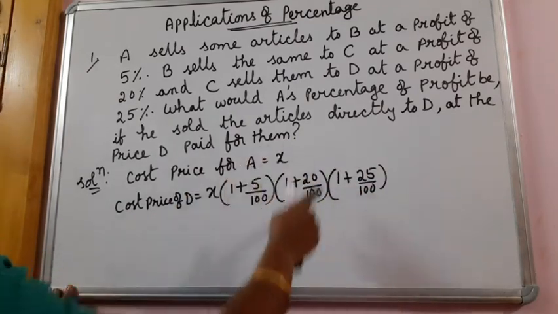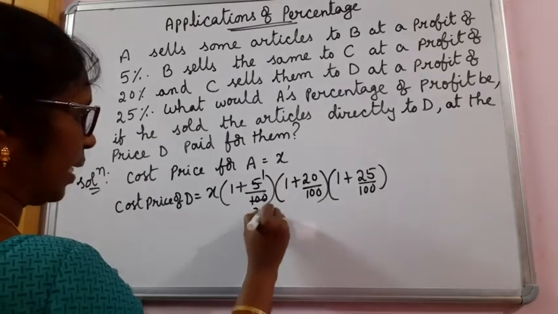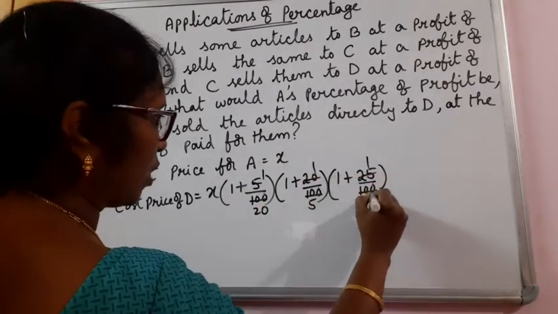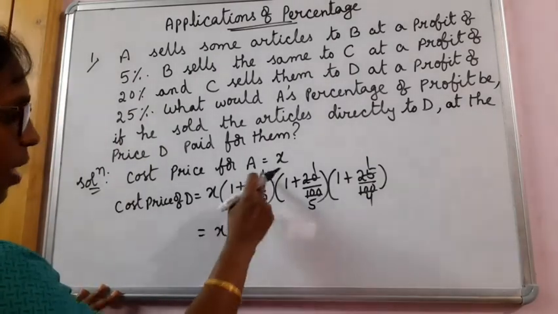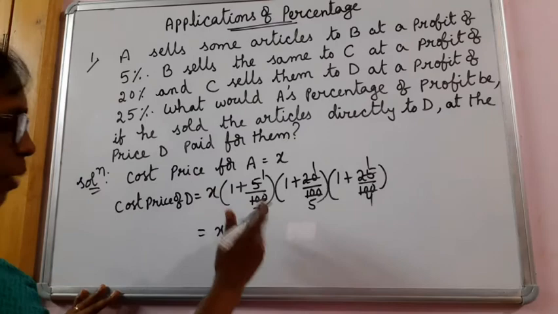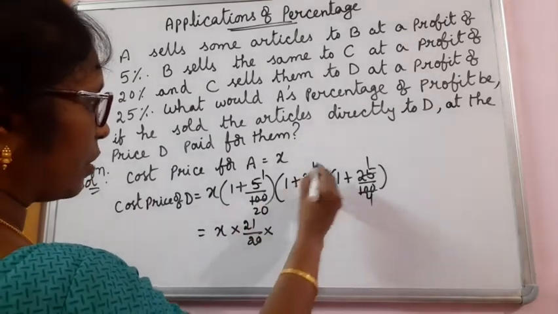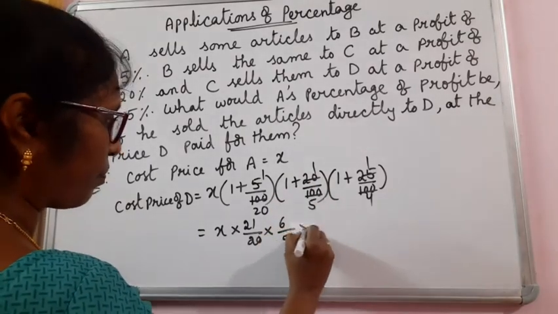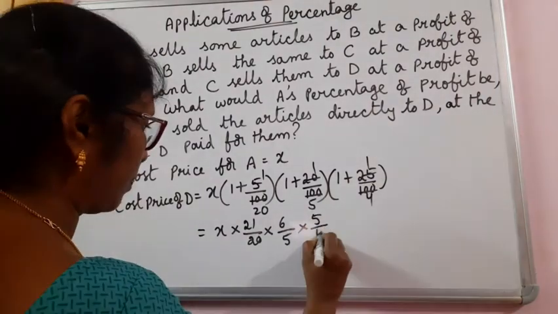Let us simplify the cost price of D. 5 1s are 5, 20 1s are 20, 25 1s are 25, 25 4s are 100. So we get X into 21 by 20, here 5 by 5 means 6 by 5, into 5 by 4.